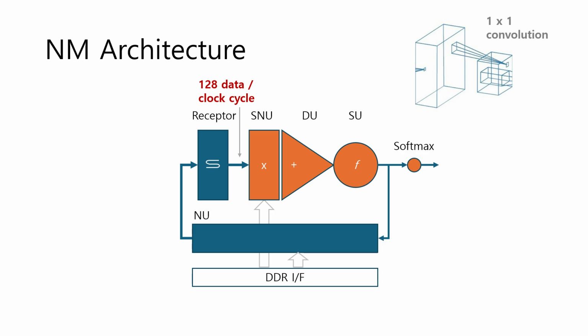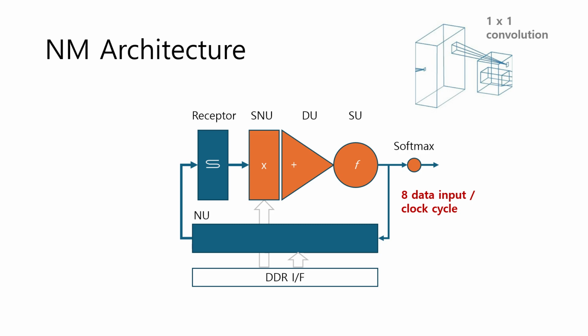After calculating the products in SNU, DU adds up the groups of 16 and accumulates the 8 sum values in the DU tip. In the loop that processes the last input feature map, the sum values of the DU tip are sent to the SU to calculate the bias and activation functions and then stored back in the NU.